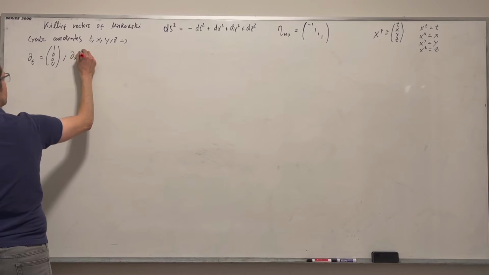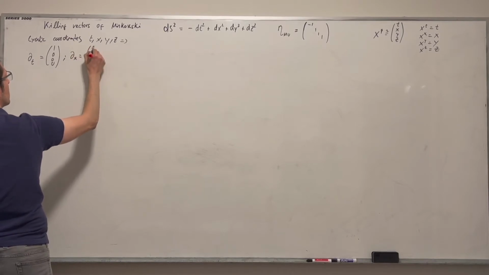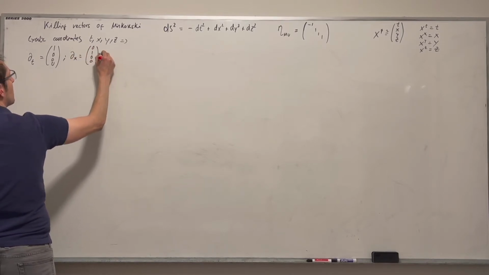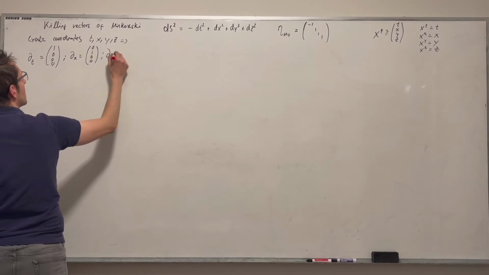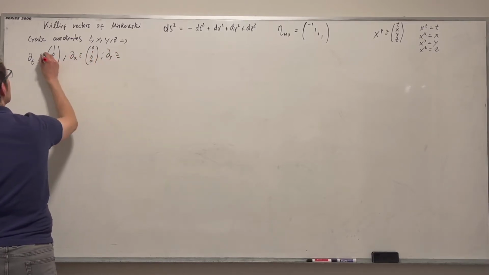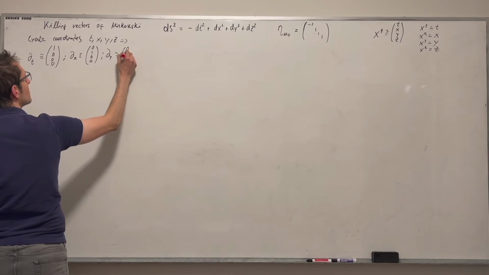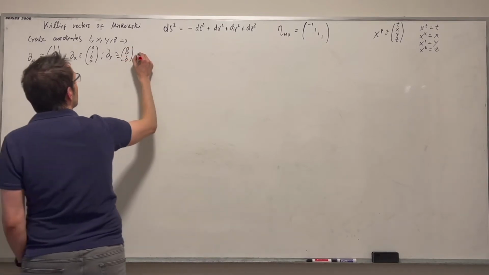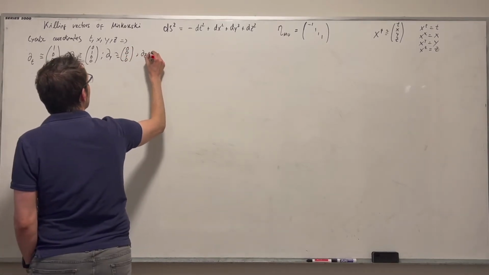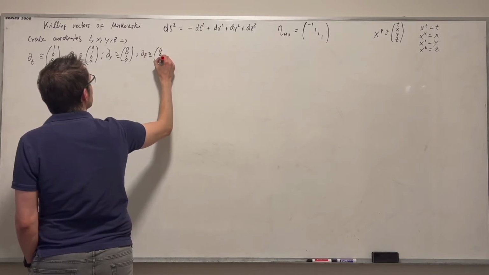Partial x, which I represent as 0, 1, 0, 0. Partial y, that I represent as 0, 0, 1, 0. And partial z, that I represent as 0, 0, 0, 1.